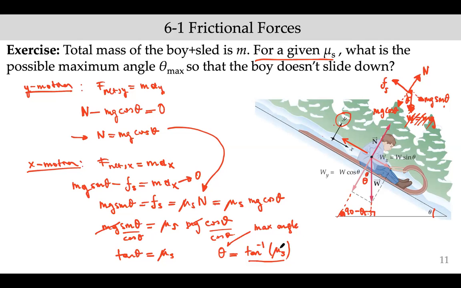So maybe mu s is, let's say, 0.1. So this is some value, maybe 20 degrees. So if you increase that theta, if you have more than 20 degrees for that given mu s, then the buoy will slide down. So that's the answer of this problem.